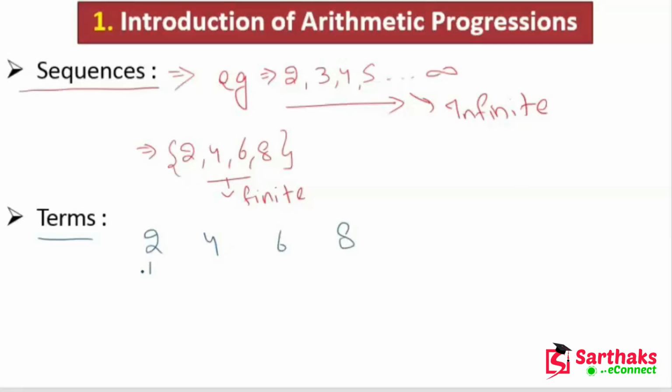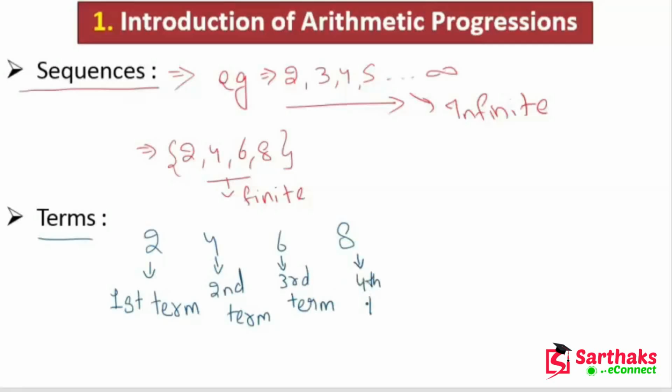We can call these the first term, the second term, the third term, and this is my fourth term. My dear friends, I hope you get this point. So this is a sequence and terms.